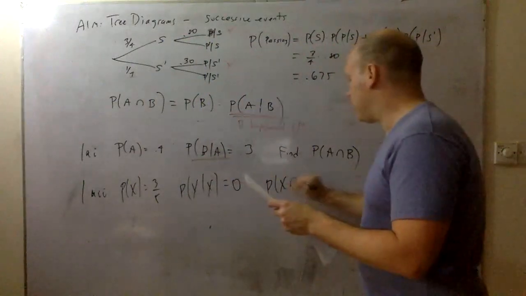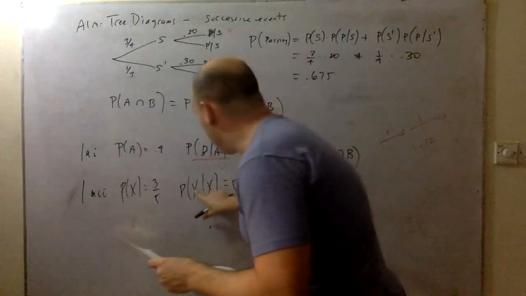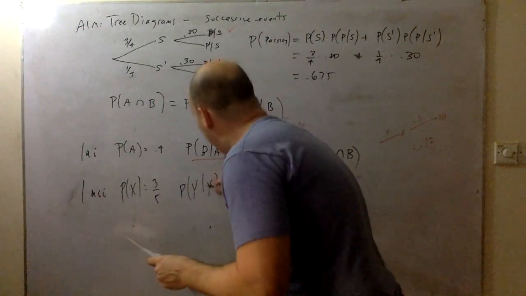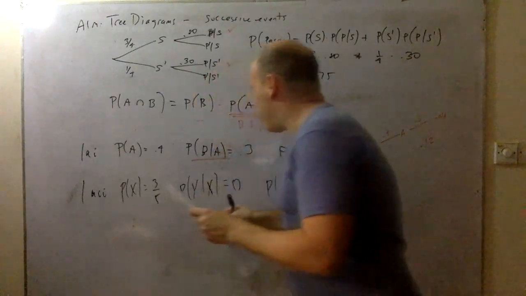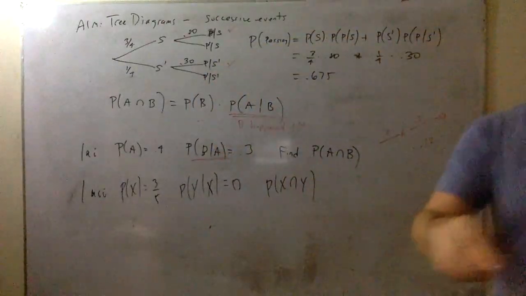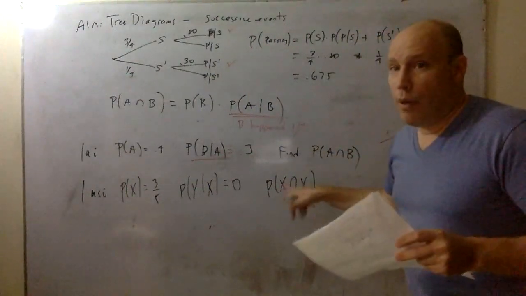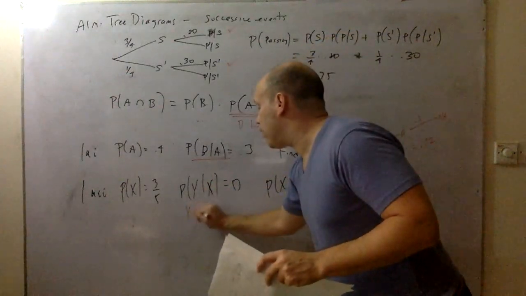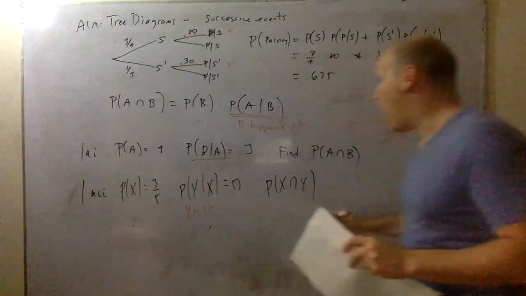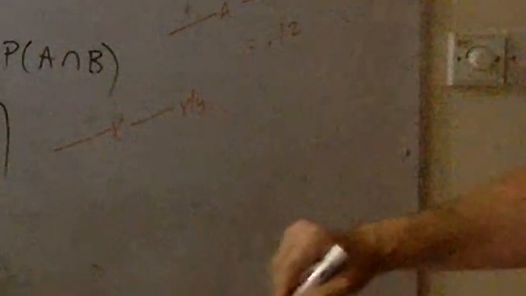So what is the probability of Y and X? Okay, so what's going on here? Once again, you're not really sure what came first because I can switch these around. But I look at the conditional statement, and X was first. So I know first it's X, and then Y given X.